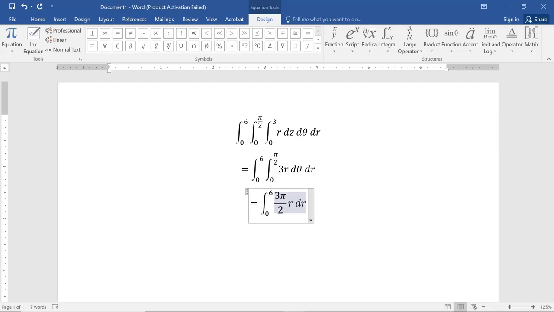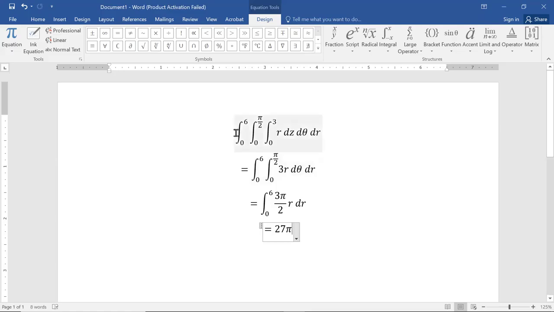And then we're going to integrate with respect to r from 0 to 6. Now, if you integrate 3 pi over 2 r, with respect to r, from 0 to 6, you end up getting 27 times pi. And so this triple integration is 27 pi.